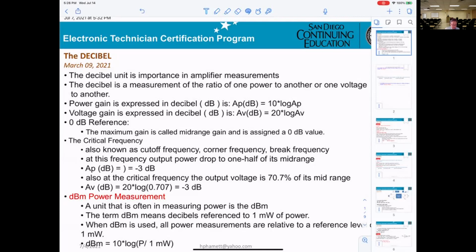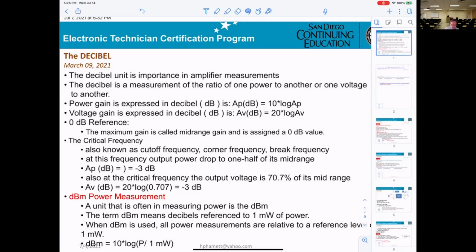And for the voltage gain in dB, it equals 20 times log of the voltage gain, that means V out divided by V in. And this formula is applied the same for the current gain: still 20 log of the current gain, meaning I out divided by I in.